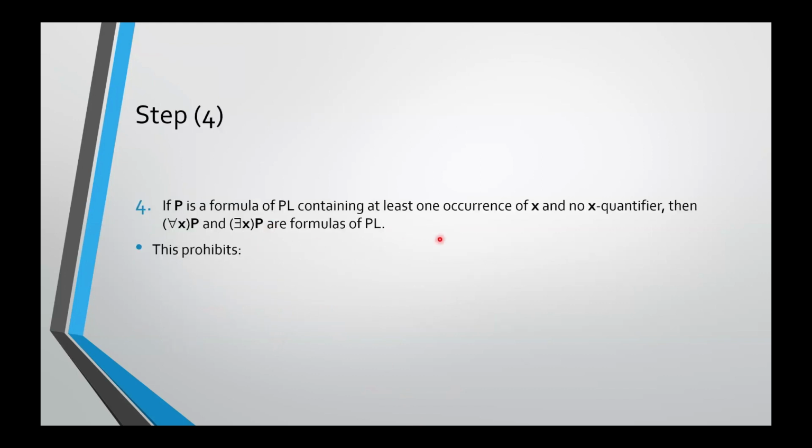This step 4 here rules out uninterpretable strings like what we were looking at in the last video. So you can't have overlapping quantifiers with the same variable, right? In these here, these get ruled out because at the previous step, you already have an x quantifier, so you can't put another one on.